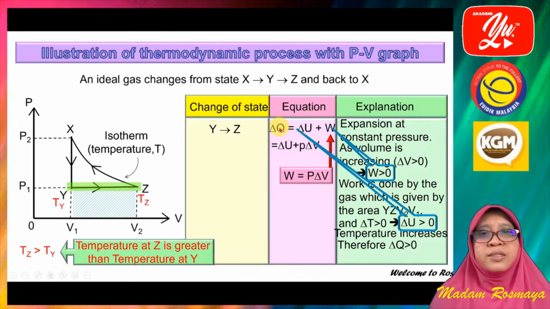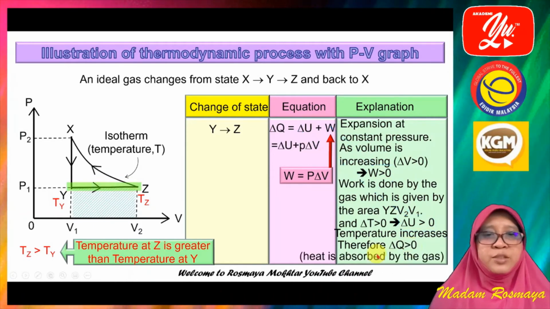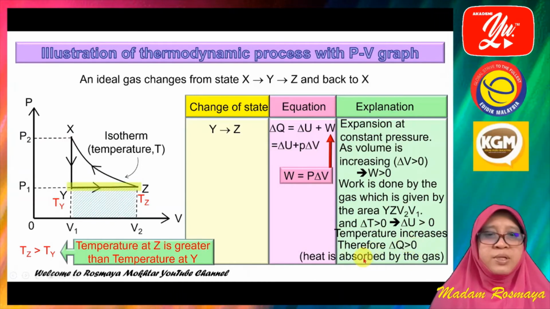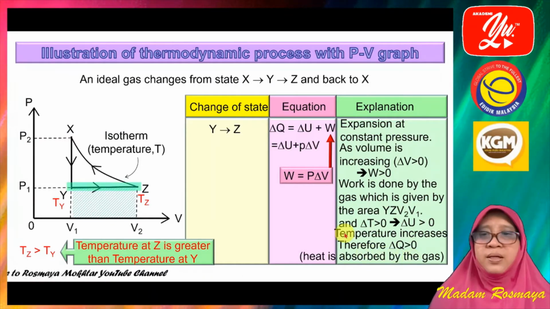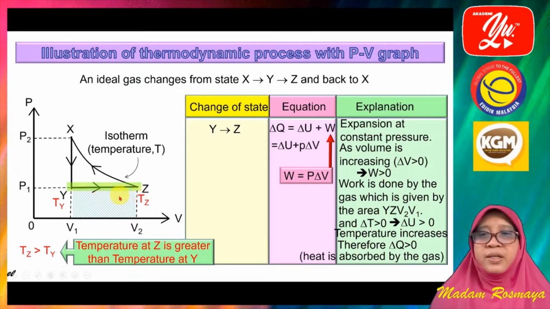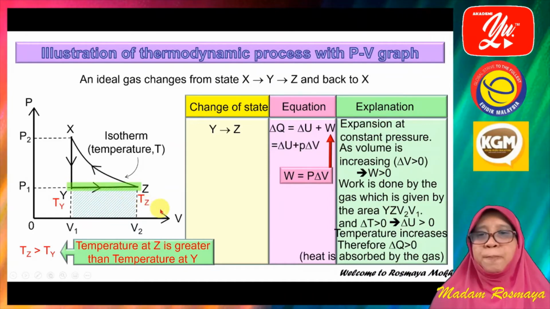Therefore delta Q is also increasing, or larger than 0. Therefore delta Q is bigger than 0. This means heat is absorbed by the gas. So from Y to Z, work is done by the gas and heat is absorbed by the gas.